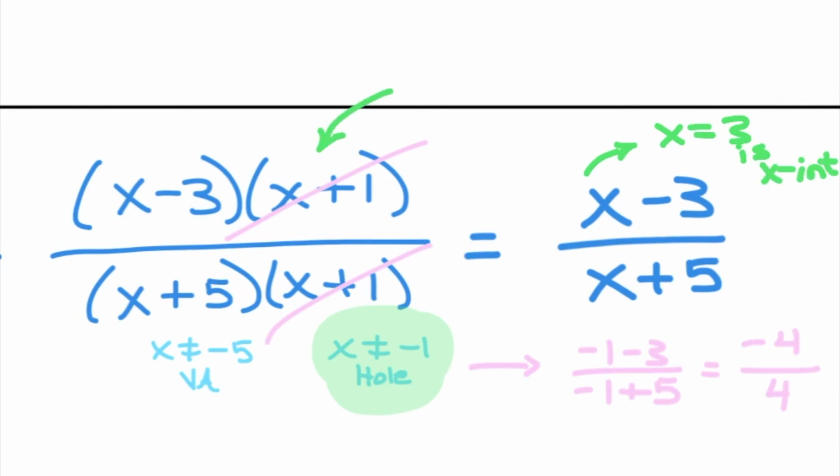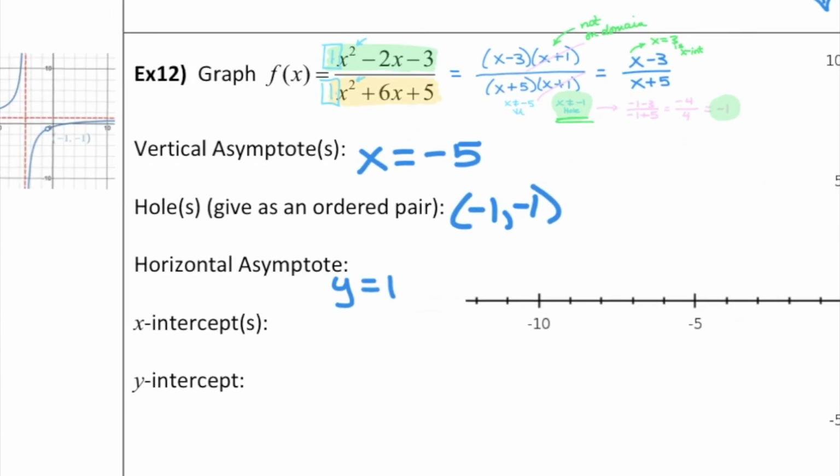Because this, x equals -1, is not part of the graph. It's not in the domain of the graph, because it's a hole. And so if it's a hole, it can't be an x-intercept. So x equals 3 is the only x-intercept, and you see that in the graph.